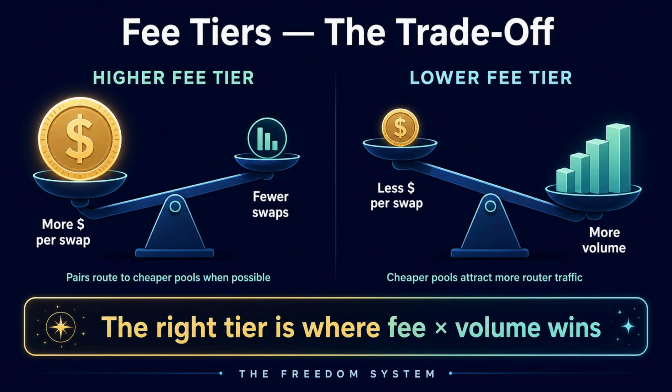The idea is pretty simple. More volatile pairs need to charge a higher fee to compensate LPs for impermanent loss, and very stable pairs can charge less because the impermanent loss risk is much smaller. As you know, the more volatile the tokens are in a specific pool, the bigger the risk of impermanent loss.